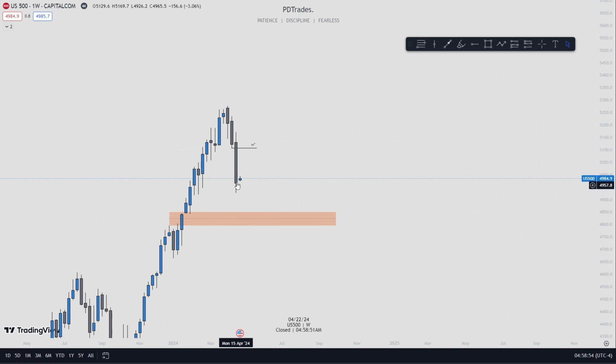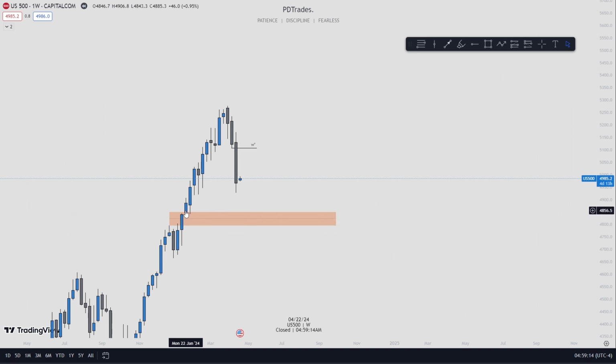So looking at this here, we are on a weekly time frame. Last week they really pushed price to the downside. Look at that. Currently we are in this week here. For the past 1, 2, 3 weeks, the market has been bearish.